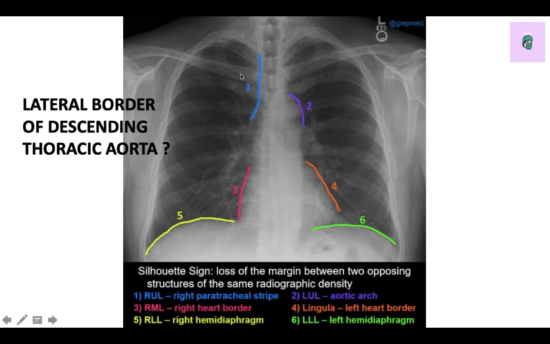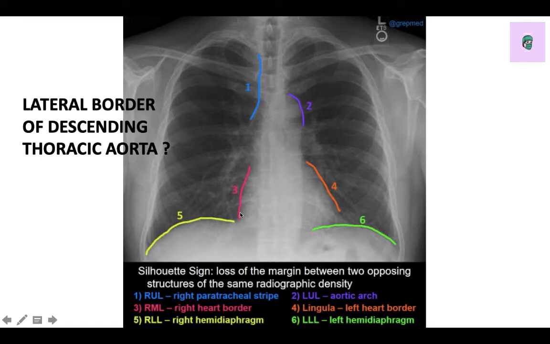If you cannot differentiate this from this, then what lung lobe is involved in the consolidation, like where is the consolidation present? So right upper lobe is involved if you cannot differentiate from here to here, correct? If you cannot see the arch of aorta, this aortic knuckle, then which lobe is involved? Your left upper lobe is involved.